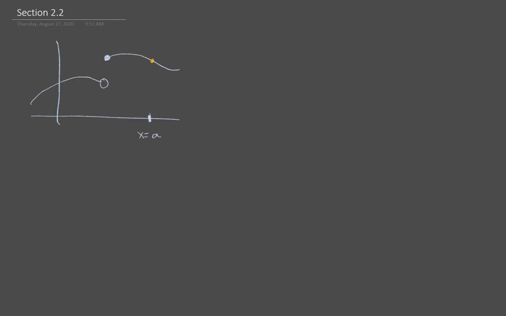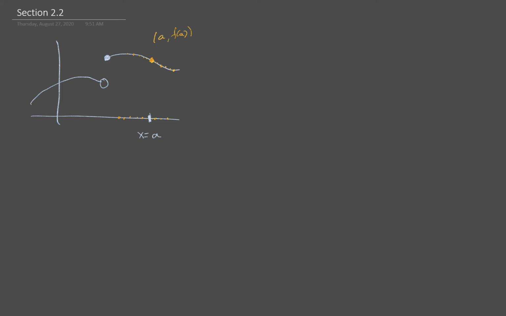There's this point on the graph at a comma f of a, and that's what we're going to start looking at. If I take points on the x-axis and get closer and closer to a, they correspond to points on the graph that get closer and closer to this point at a comma f of a.